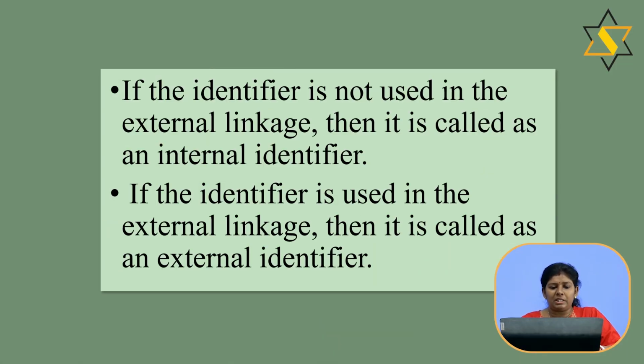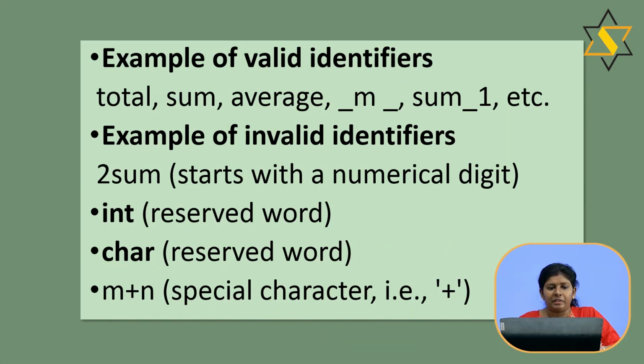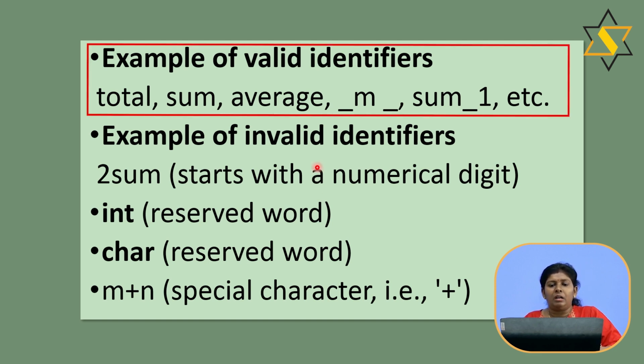So an identifier is basically what is used for your variables with a data type, and it can be an internal or external kind of identifier. Some examples I already told you are total, sum, average, underscore m.